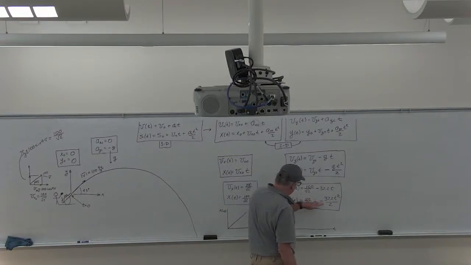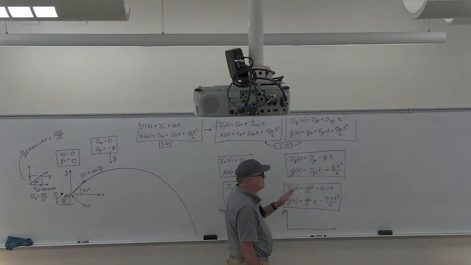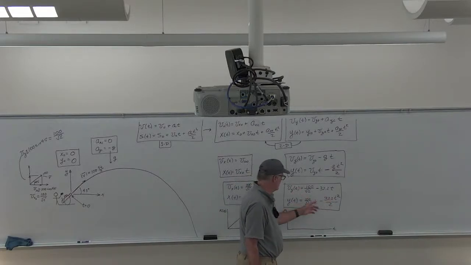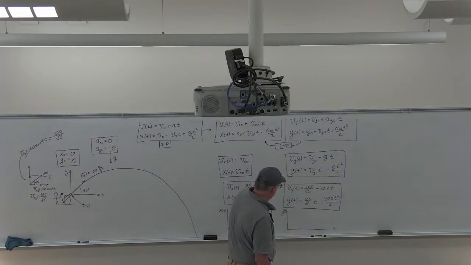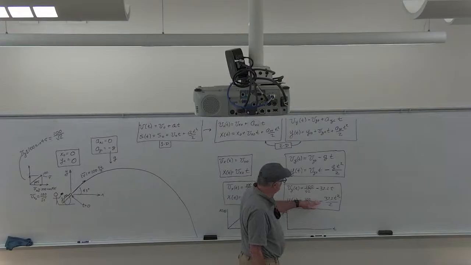Now, if I put in t equal to 0, I get 0. This looks more like a straight line component, take away some quadratic component.